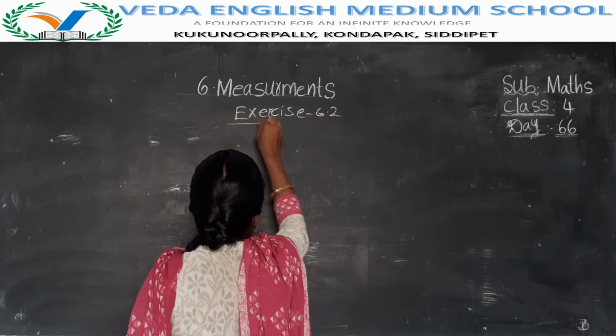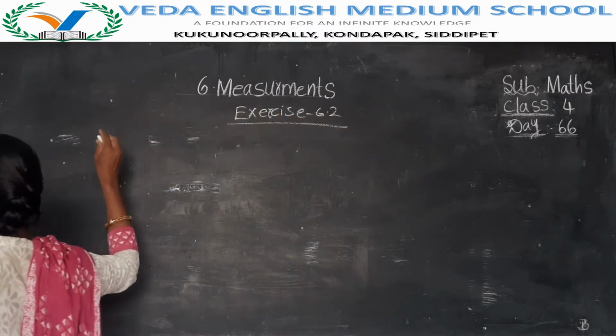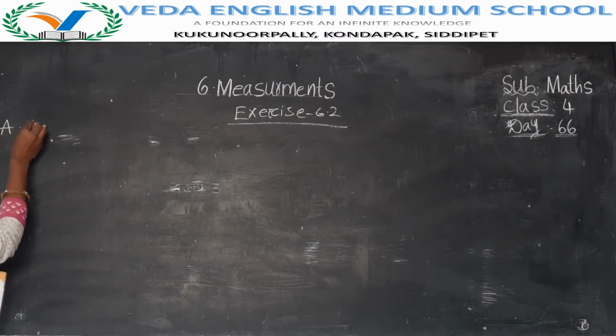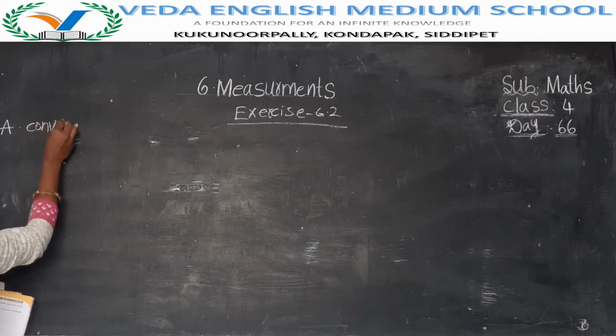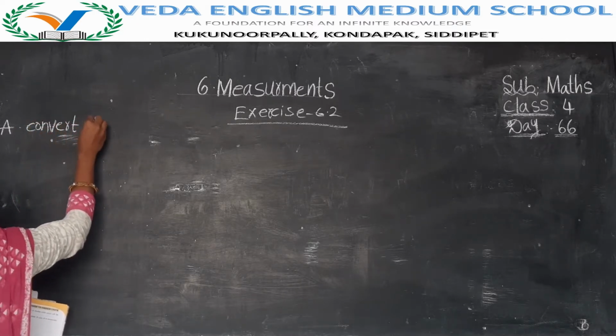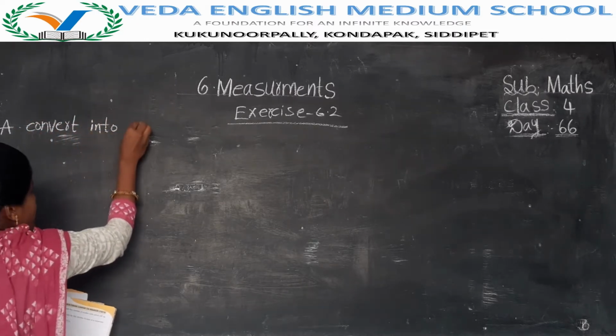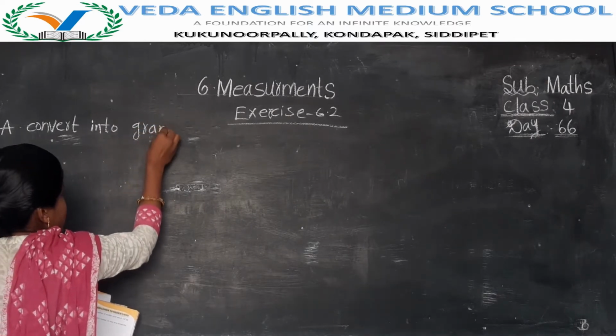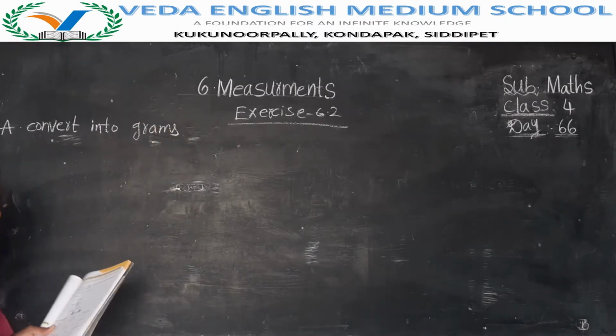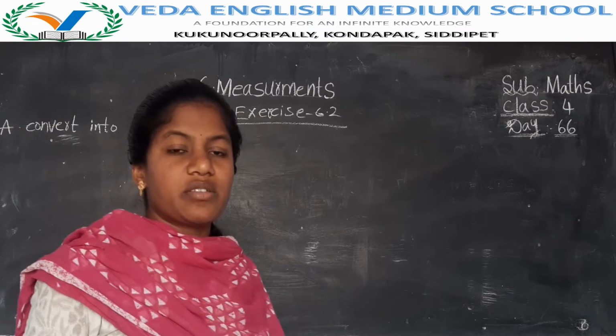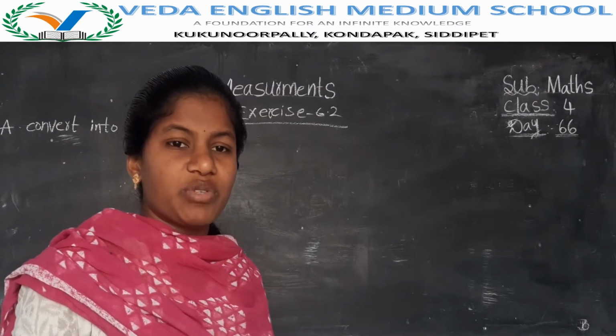In exercise 6.2, the first part is about convert into grams. Now they have given kilograms, so we have to convert those kilograms into grams.